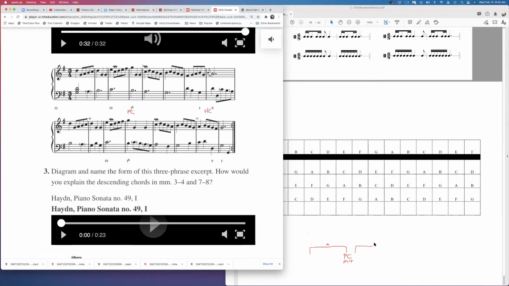And then we have B, which has a half cadence in measure 8. Are we good with that so far? Questions, comments, concerns?